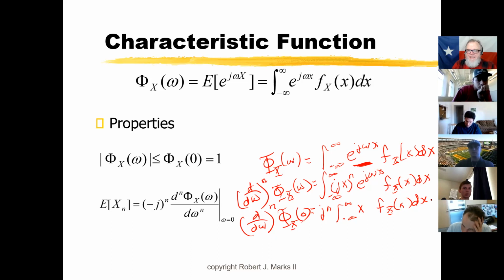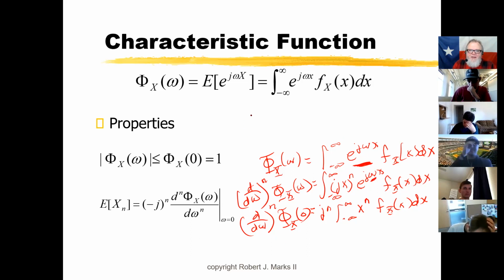In other words, I take all these derivatives, and anytime I set omega to 0, I get rid of the Fourier kernel, don't I? That e to the j omega x disappears into 1. And so we have x to the n here, forgot my x to the n. And so we have this result.